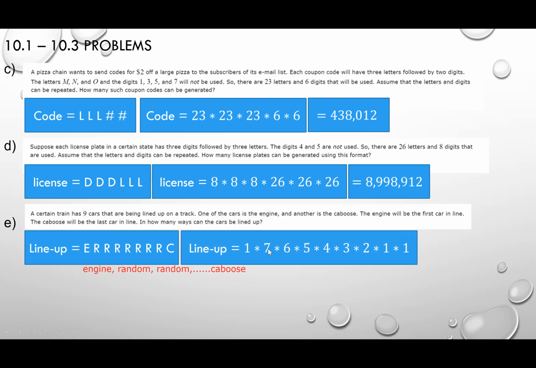Now, the random cars, out of those two positions, do you agree that 9 minus the 2 positions, the first and the last position, I have 9 random cars left? I mean 7, so not 9. And the second item, I can pick any random car out of the 7. Once I pick it, I only have 6 left. Once I picked it, I only have 5. Once I pick, I have 4. Once I pick, I have 3, 2, and the last one, which is the random item I put here.